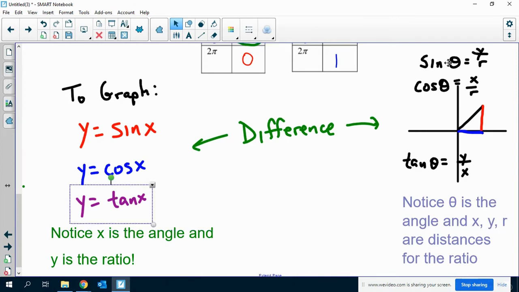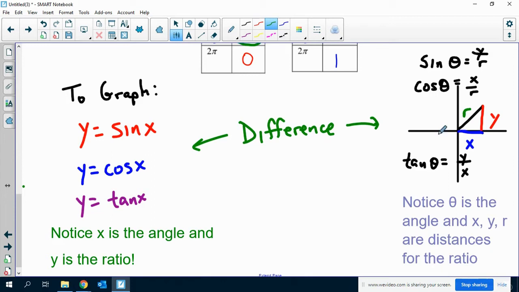But when I'm looking at the unit circle, x, y, and r do not represent angles at all. Theta represents the angle, and x, y, and r represent distances. To be a little more visual, this represents y, this represents x, this represents r. Theta is this angle in here.